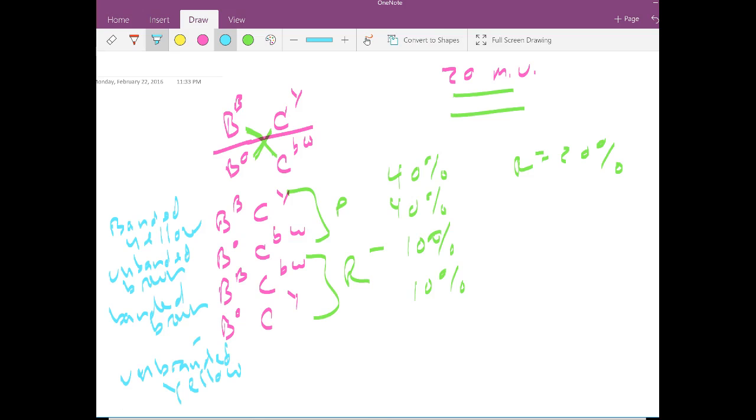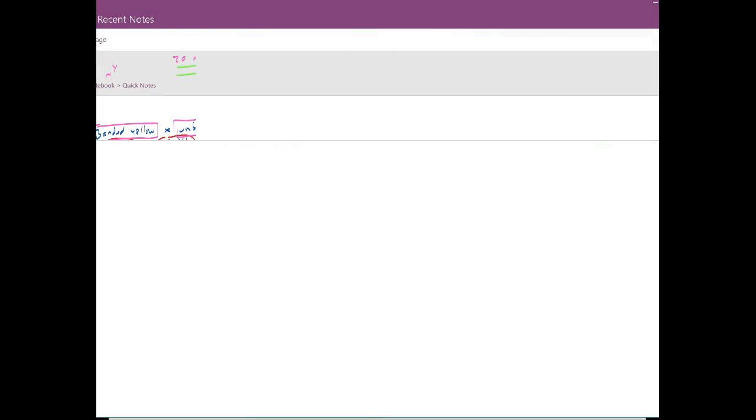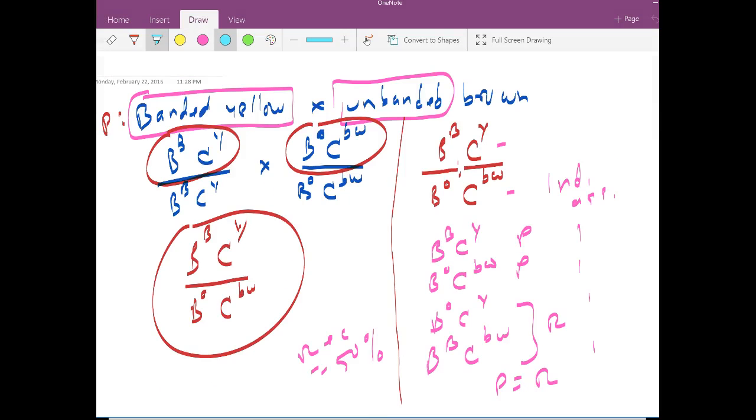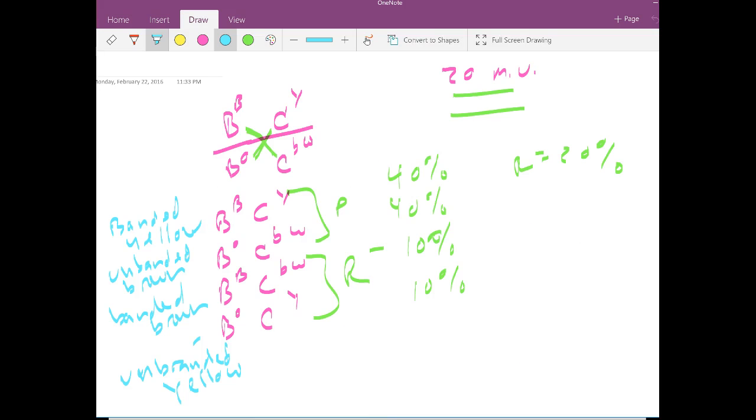And these guys, banded yellow and unbanded brown, they were the original parents. So the original parents were banded yellow, unbanded brown. So these were the parents. So now, banded yellow, unbanded brown, those are the parents. These are the recombinants. And that's how you do mapping.